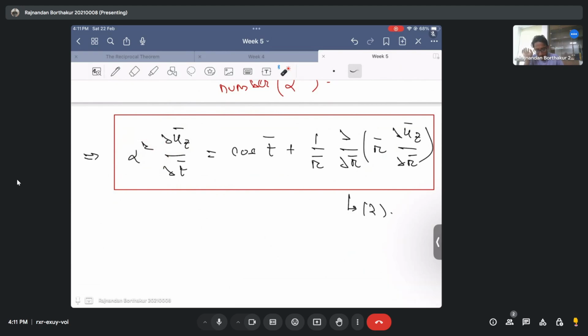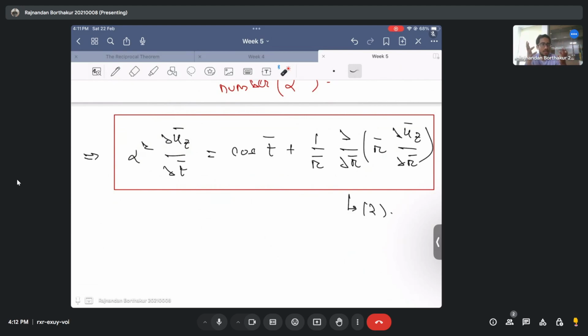Of course uz bar will be a function of r bar and t bar, but it will also be a function of this parameter. Instead of defining different properties of the fluid, if I just specify this alpha, we will get a unique solution for uz bar for a given r and t.